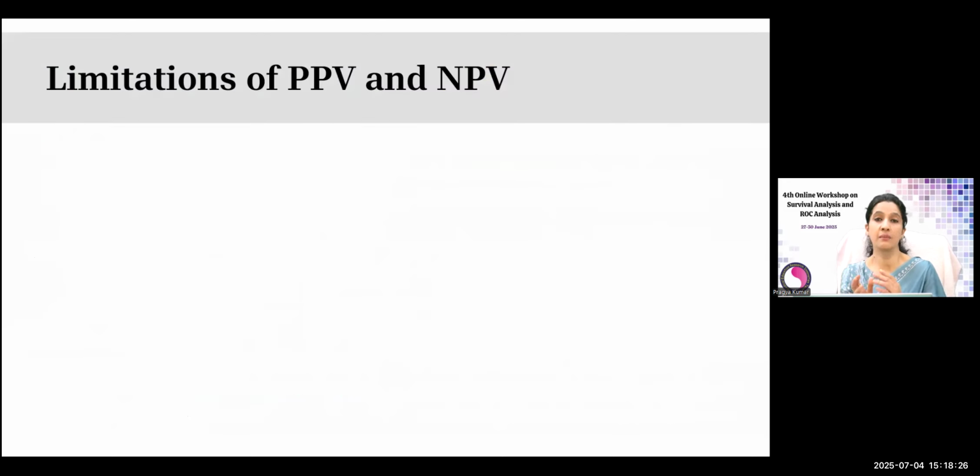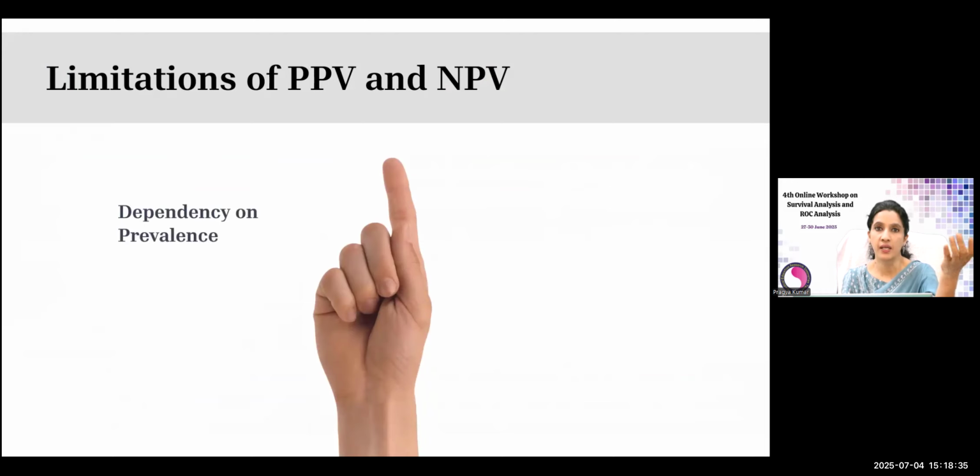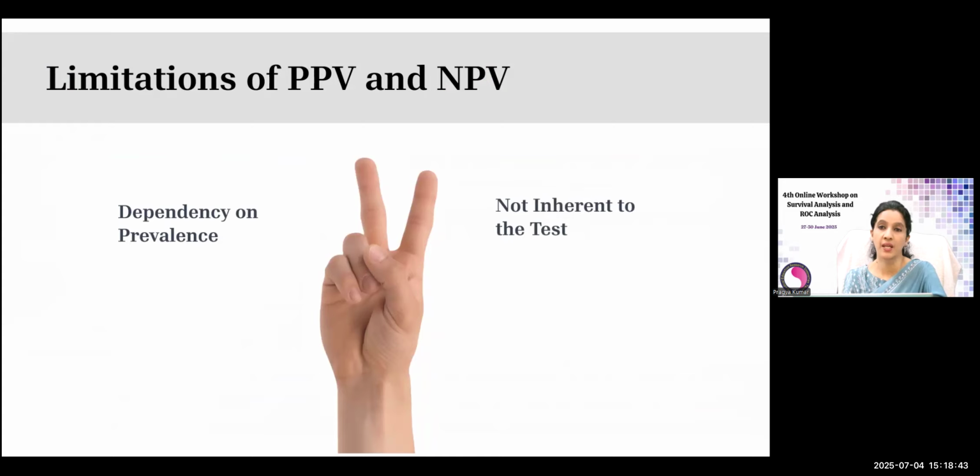But again, there are limitations of these positive and negative predictive values. They are dependent on the prevalence of the disease in the local setup, and you know that there is a wide variation in the geographical prevalence of disease. So these predictive values are dependent on prevalence, and they are not an inherent nature of the test.